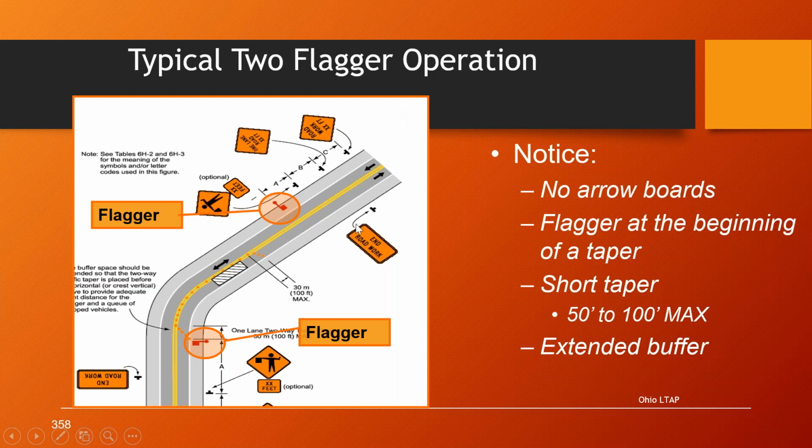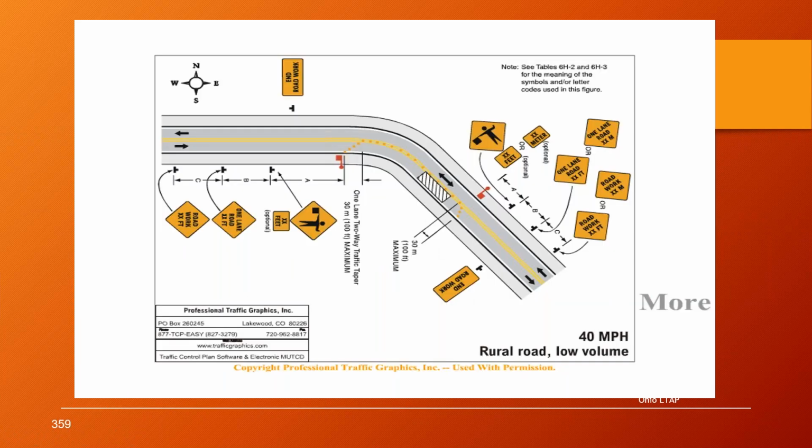And again, we want to see the end roadwork sign in this situation so the motorists know that they can resume their normal driving and not have to worry about any more flaggers. So here's a typical flagging operation in a 40-mile-per-hour situation.